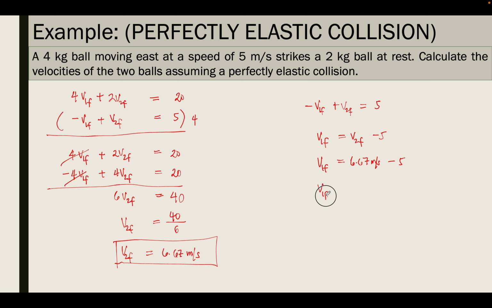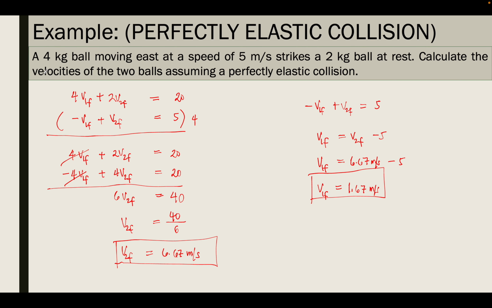So our V1 final will be 6.67 minus 5, which is equal to 1.67 meters per second. So now we have our final velocities of these two balls, assuming a perfectly elastic collision.